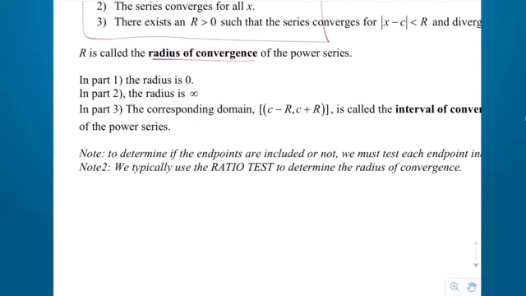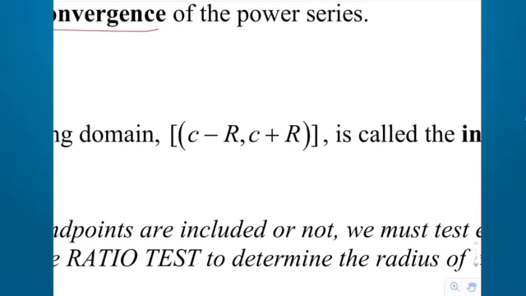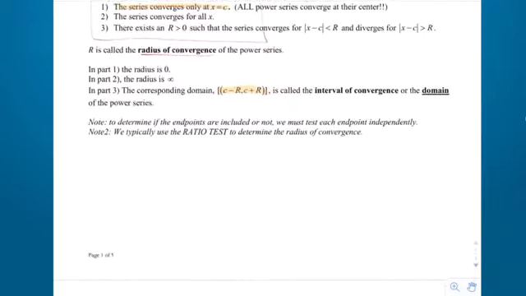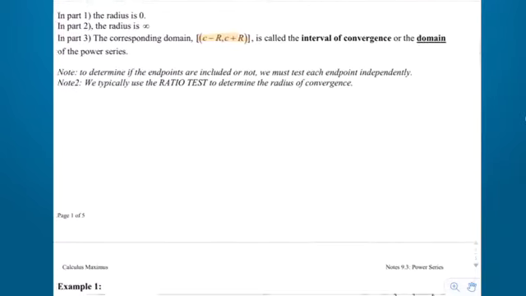Once we find the radius, if it is a positive finite number, we're going to do kind of like what we did with the alternating series and the integral test. We're going to find an interval where the values of x perfectly converge to the function. That would be called the interval of convergence, and that does give us the domain.